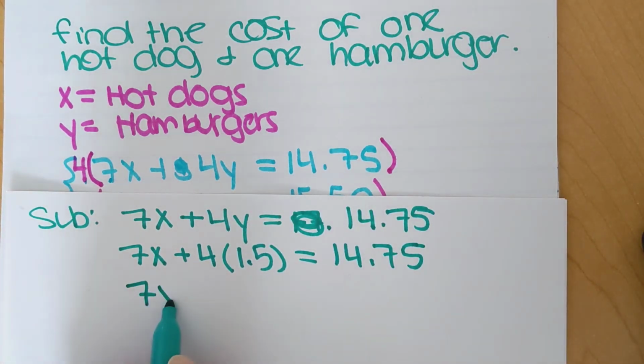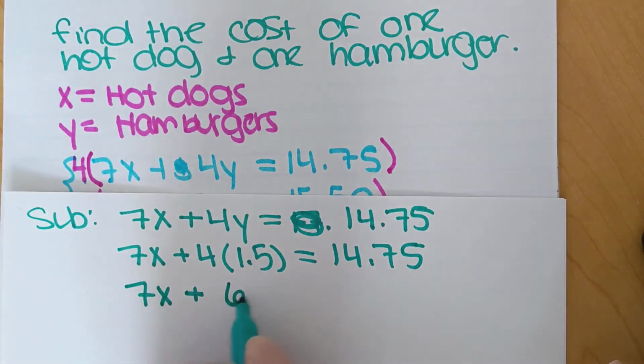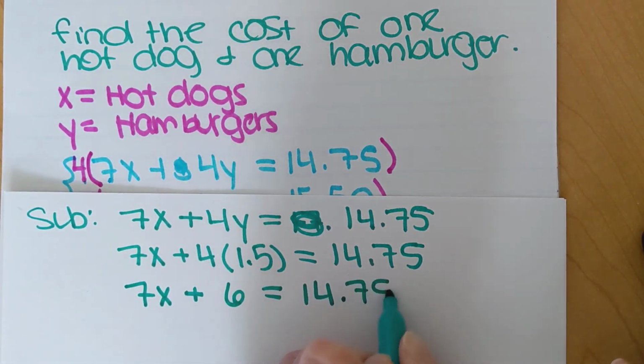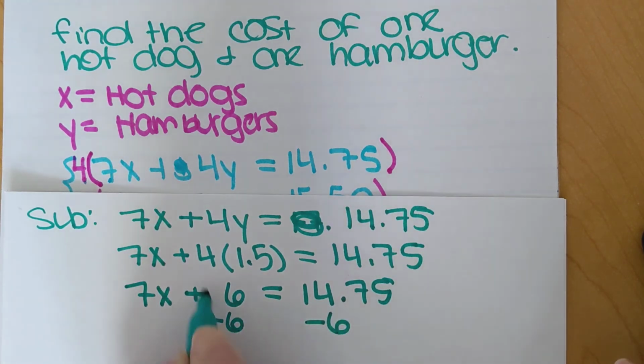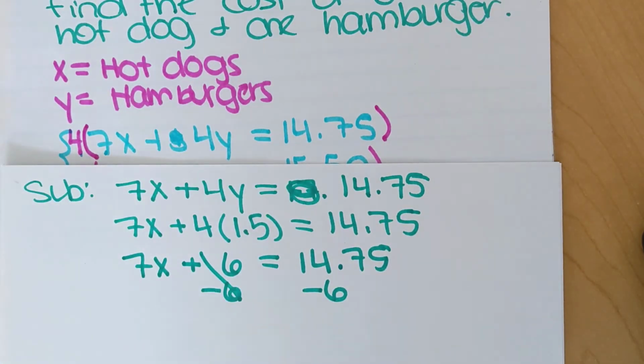So I'll have 7X plus, and then the 4 times 1.5 gives us 6, equals 14.75. And then minus 6 from both sides. And here we actually have an equation to solve, right?